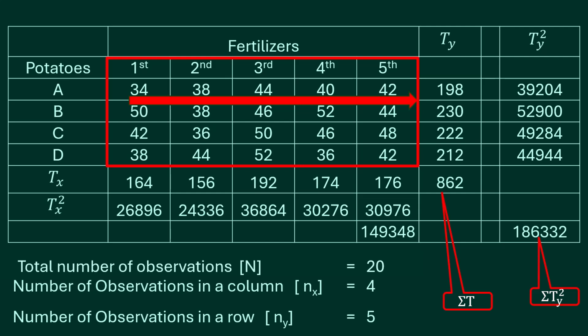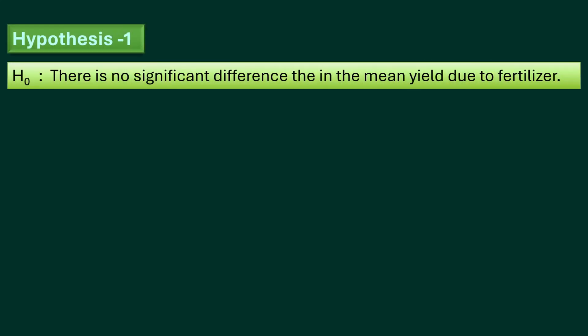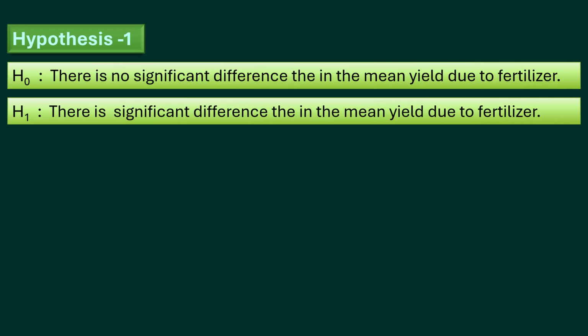As we have to test the mean yield of fertilizers and potatoes, we have two hypotheses here. Hypothesis 1. Null hypothesis. There is no significant difference in the mean yield due to fertilizer. Alternate hypothesis.